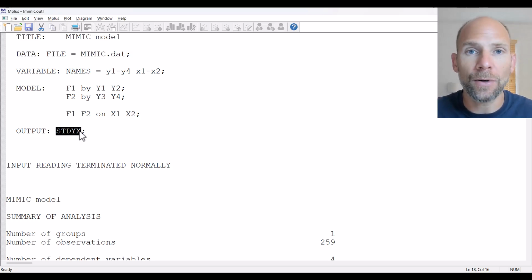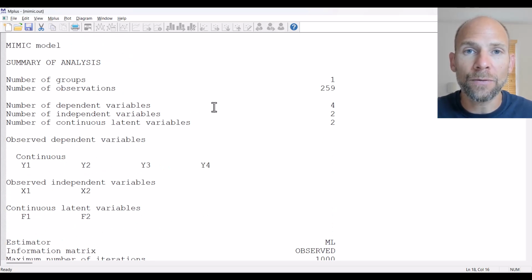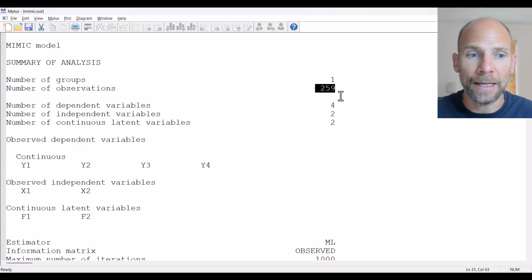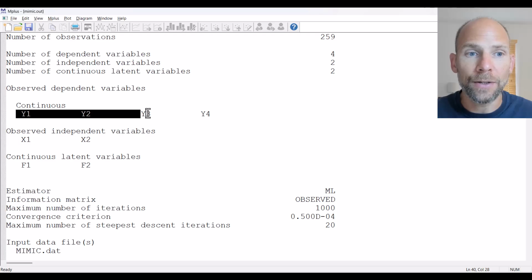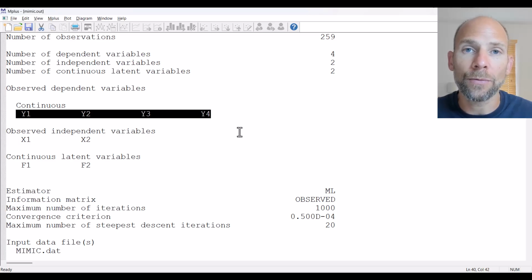Now let's take a look at the Mplus output and see what kind of estimates Mplus gives us for a MIMIC model. And so here you can see, first of all, the sample size here was 259 cases. And we have continuous dependent variables y1 through y4. Those are the indicators of the two latent factors f1 and f2.